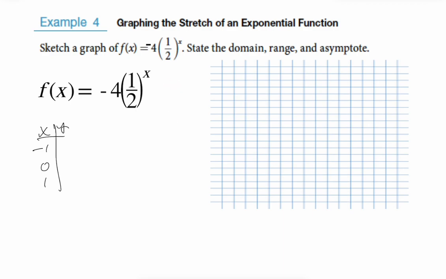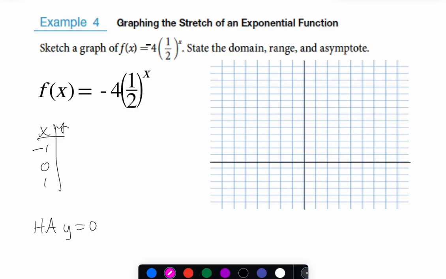So that tells us that our horizontal asymptote is y equals 0. So let's go ahead and set up our graph paper, and put our horizontal asymptote on.